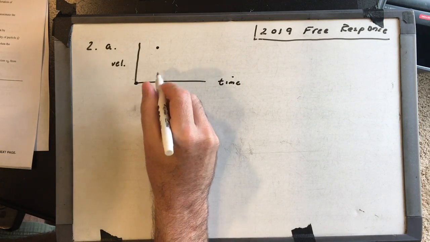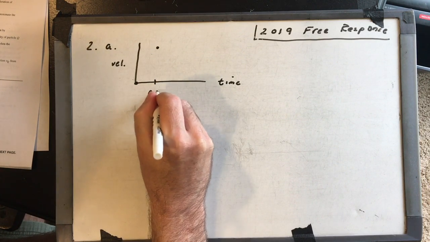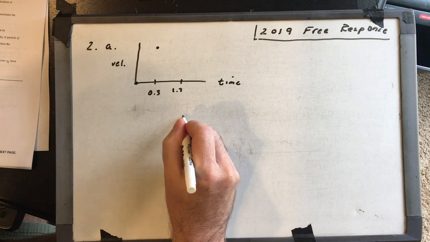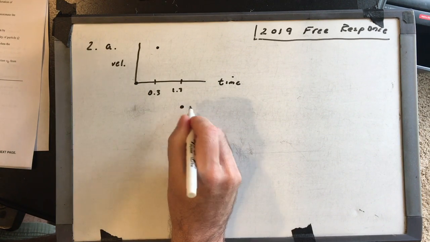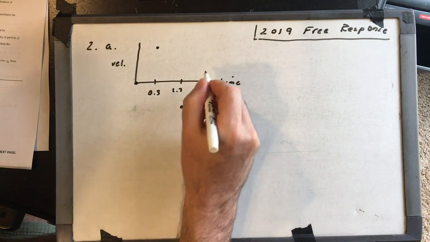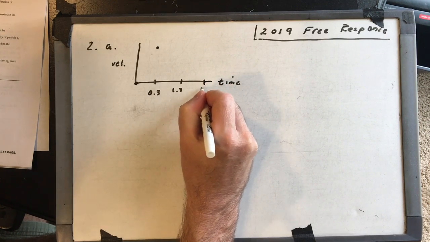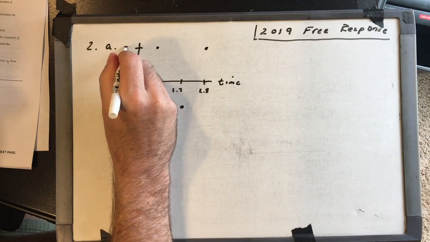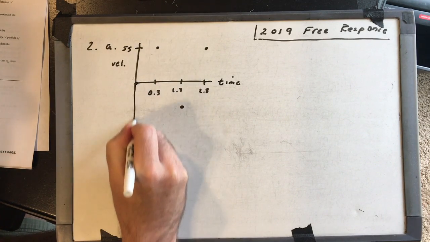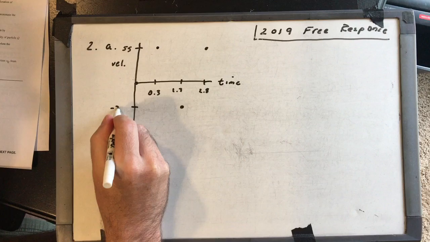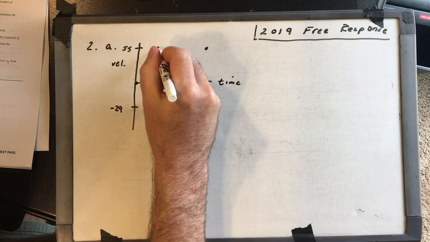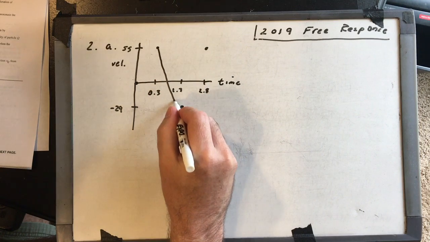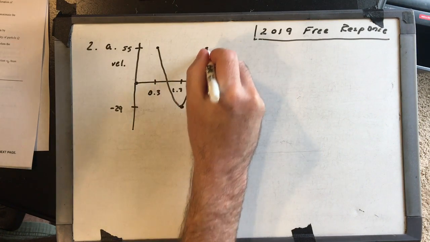At 1.7, it goes to negative 29. And then at 2.8, it's back up to 55 again. Something like that, right?